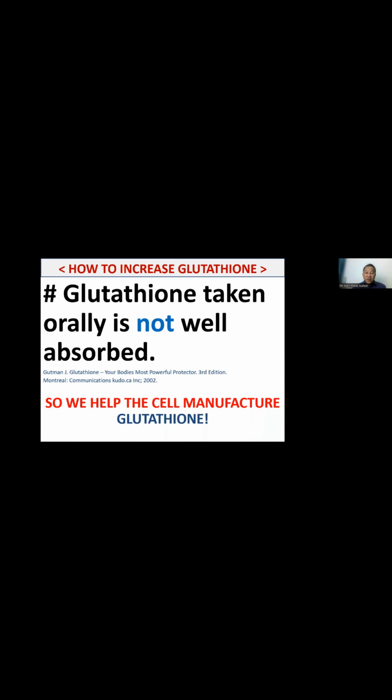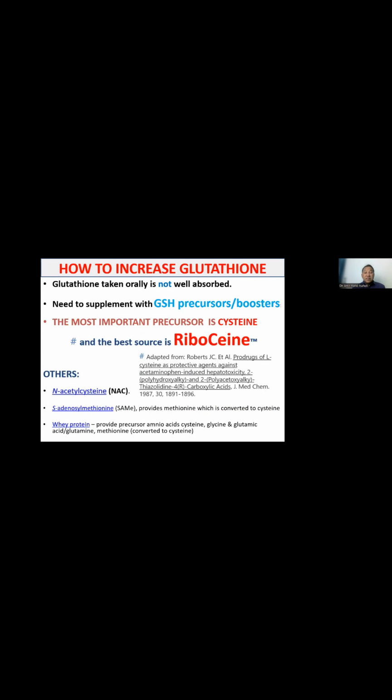You can provide all three, but only cysteine is crucial, or it's called the rate limiting precursor, because the other two, glutamic acid and glycine, are usually sufficient in your diet unless your diet is severely protein deficient.